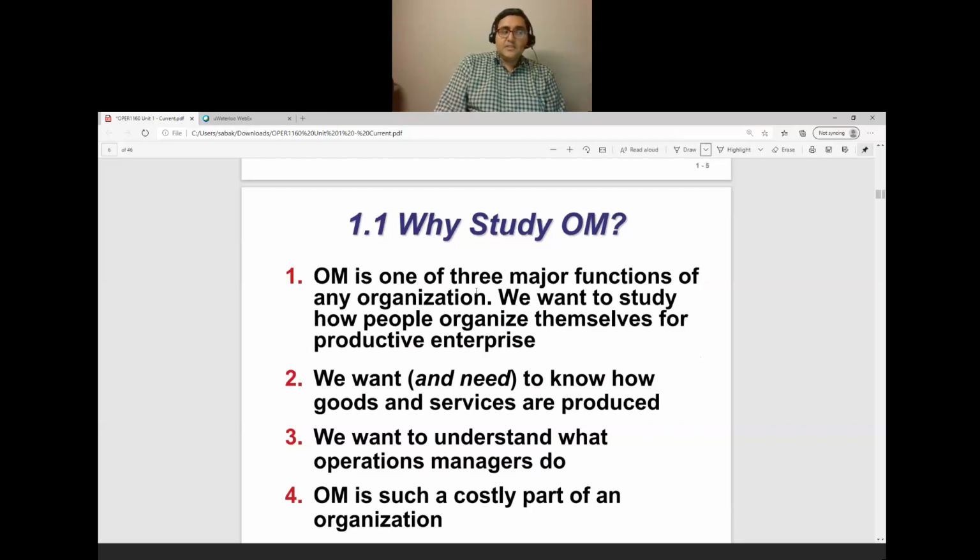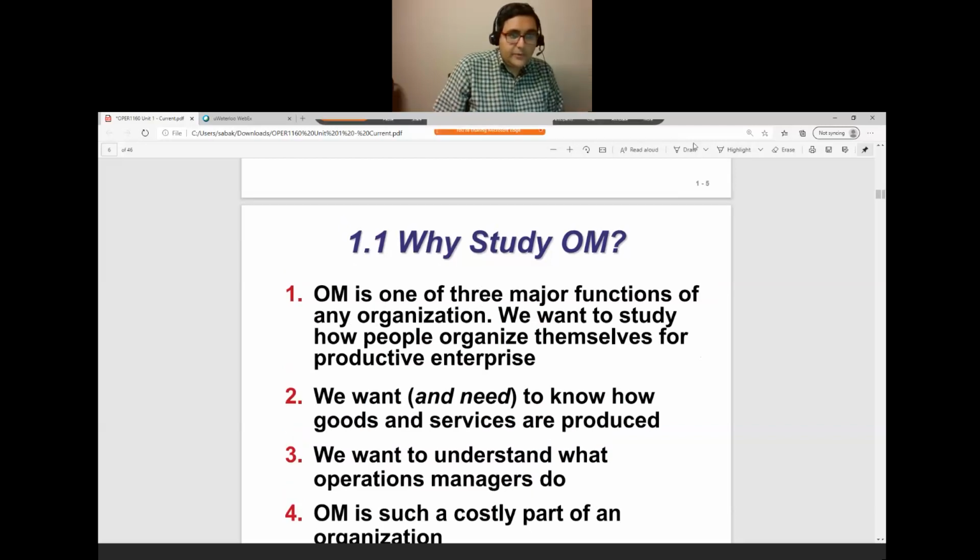So the first reason for studying operations management is it's one of the three major functions of any organization. We want to know how this particular block is working. I will be drawing this block diagram often. Let me just draw it once more, input, output, and this thing.